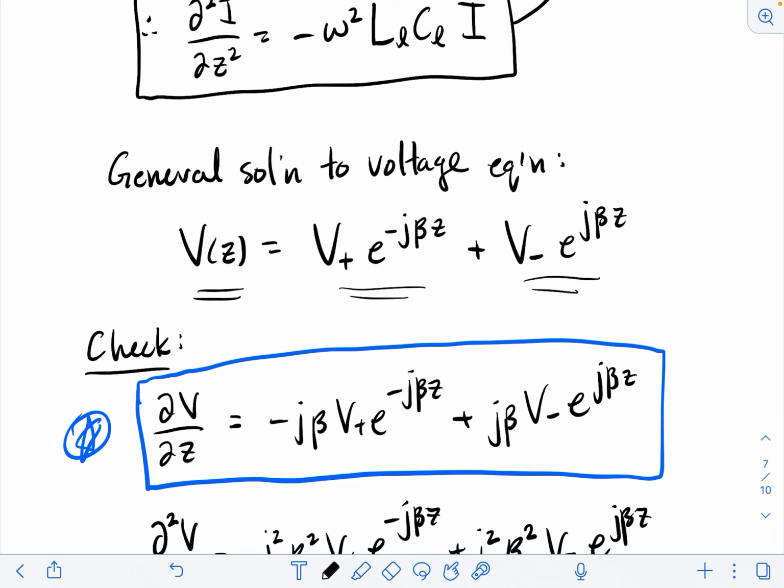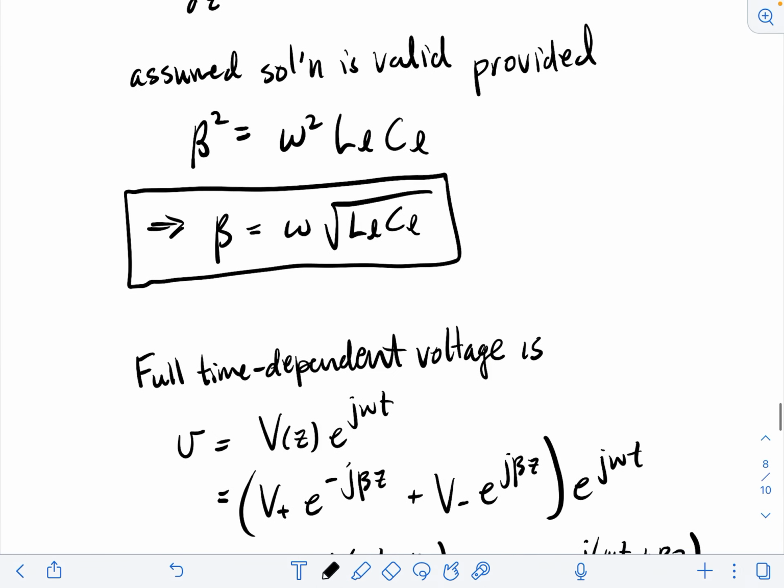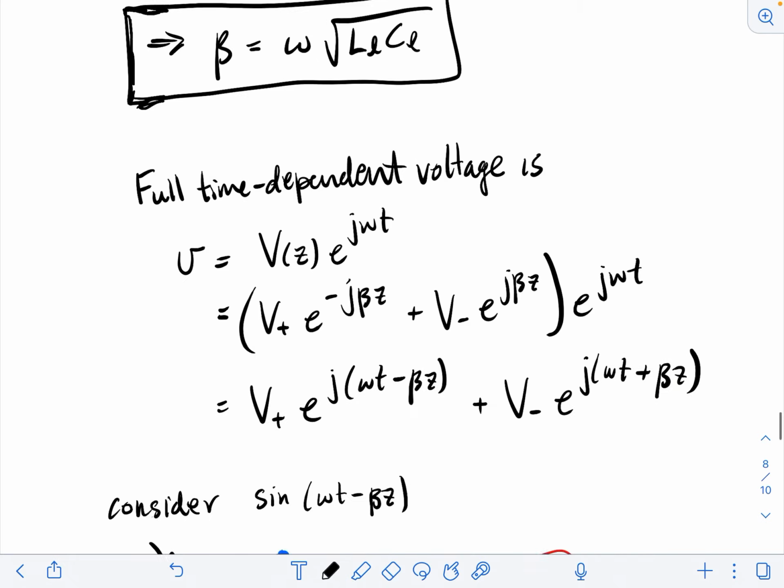All right, only one more thing that I want to do. Remember, we said that our solution was valid provided that beta was equal to omega times the square root of L times C. So let's think about this speed that we calculated.